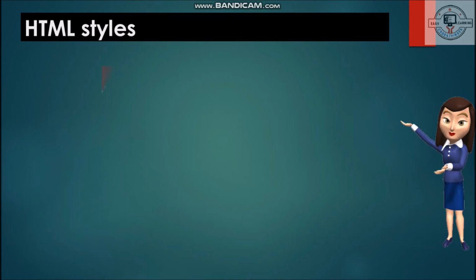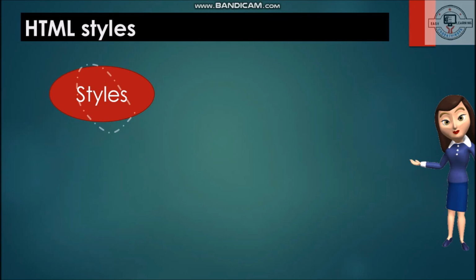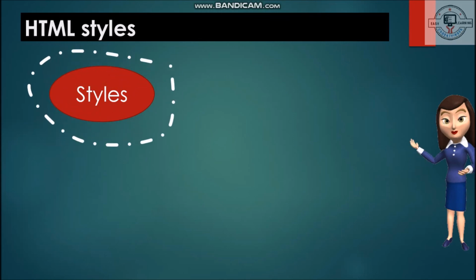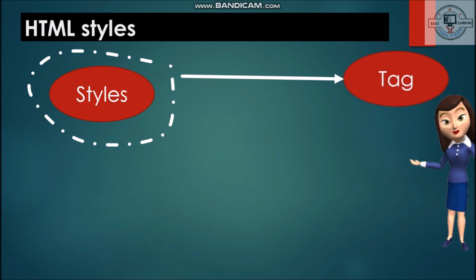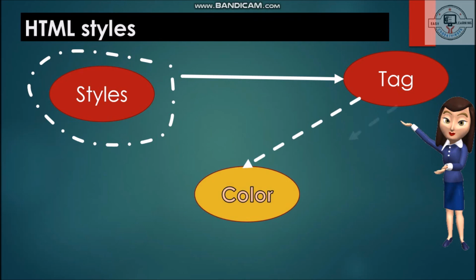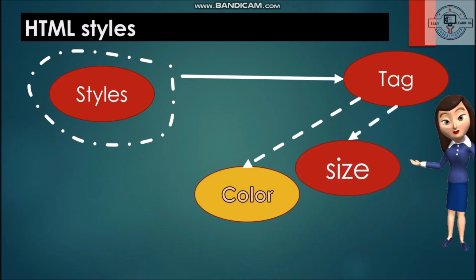HTML styles. Style is an attribute for the tag. So style is used to give style to the HTML element, which is the tag. Which styles can we give? We can give color, we can set the size, we can set the font.